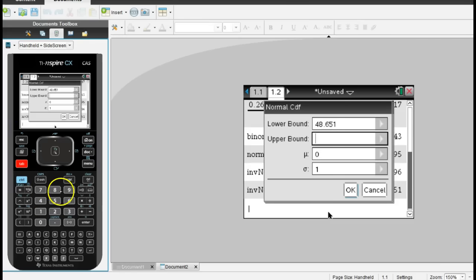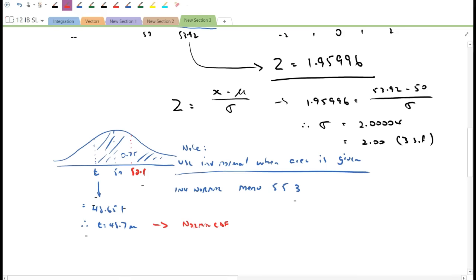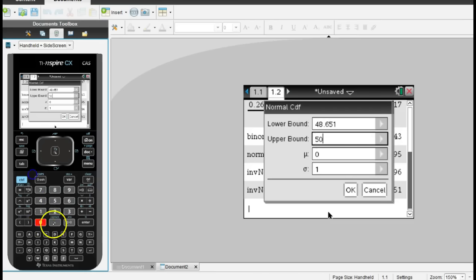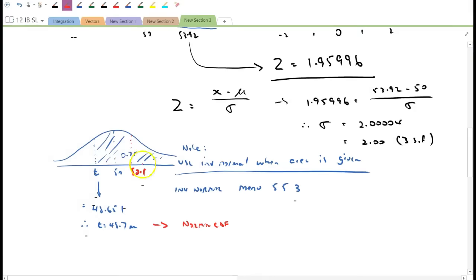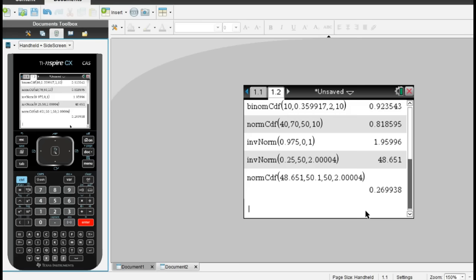Our upper bound is 50.1. Our mean is 50, our standard deviation is 2.00004. We hit enter. Tab that across. Enter. 0.269938. So this area in here is equal to 0.269938. That's that area there.